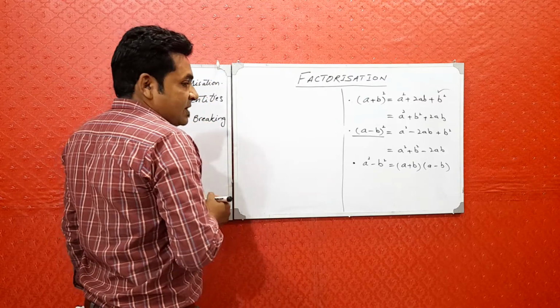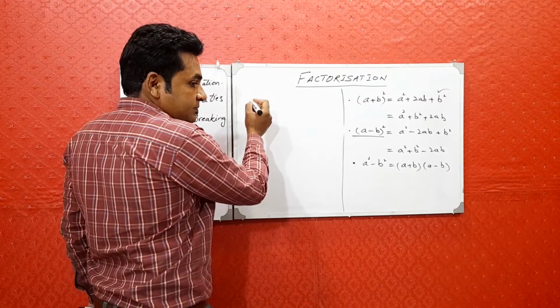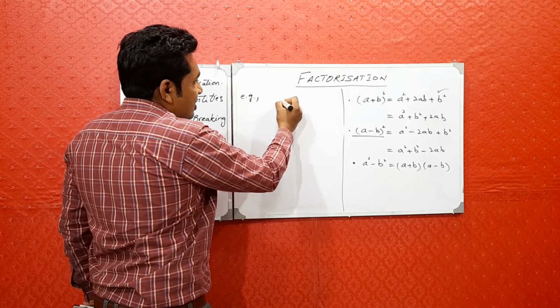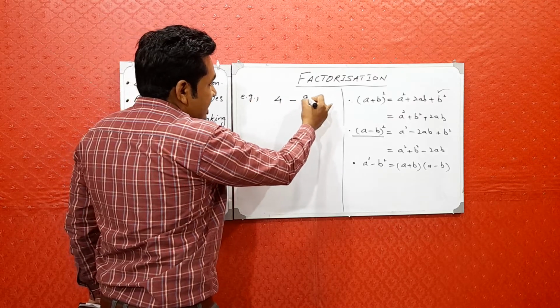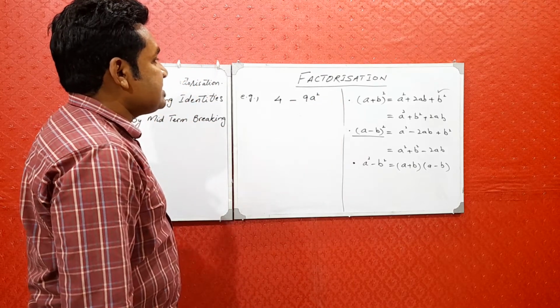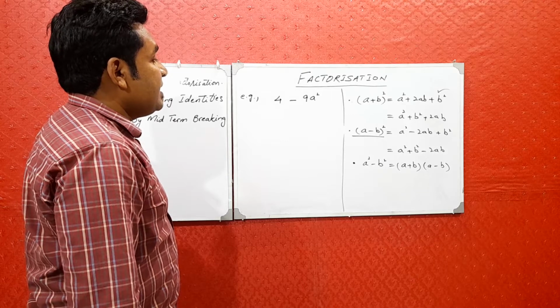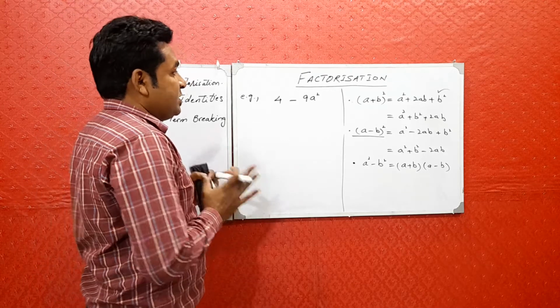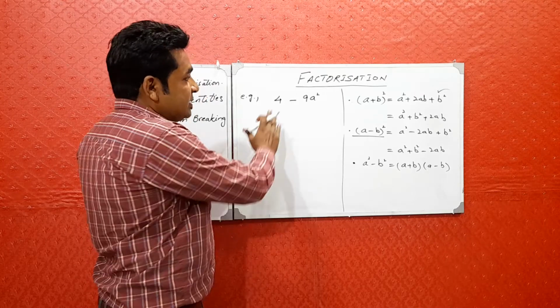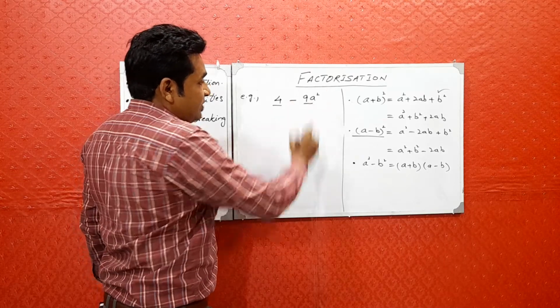For example, if we have a question like 4 minus 9a squared, you can see that this question consists of two terms, and both terms must be perfect squares.